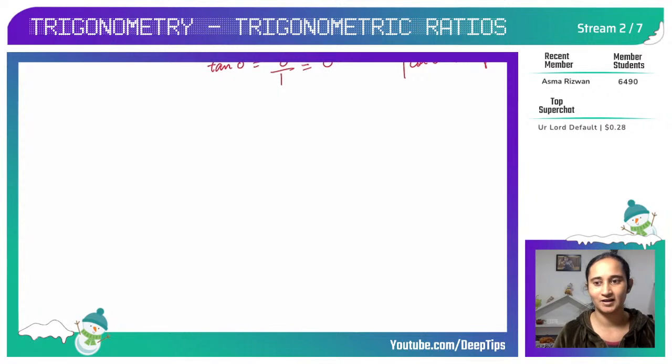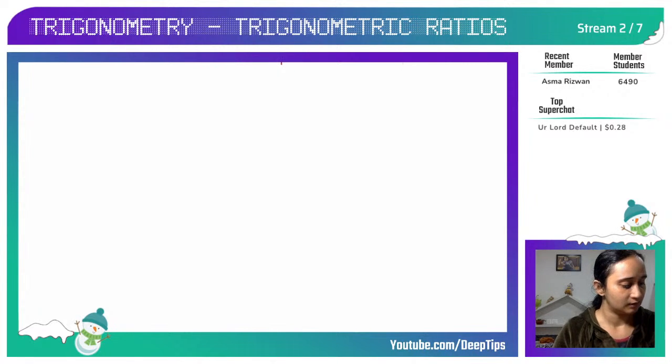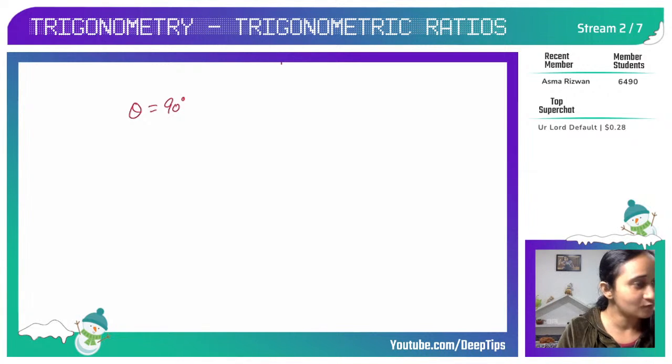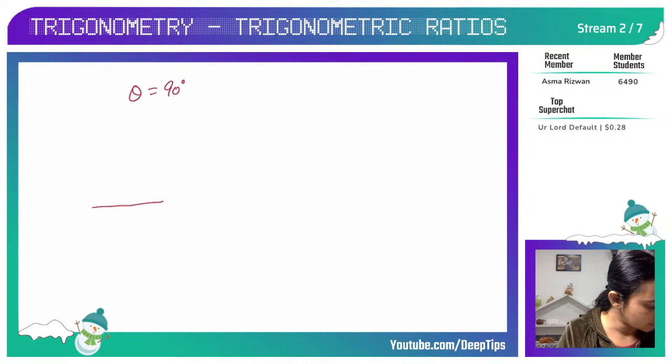Okay, so now when my theta is 90 degrees. Earlier, when theta was 0 degrees, I made my angle A smaller and smaller. Now when theta is 90 degrees, that means I want to increase my angle A. So let's draw one triangle to understand it.